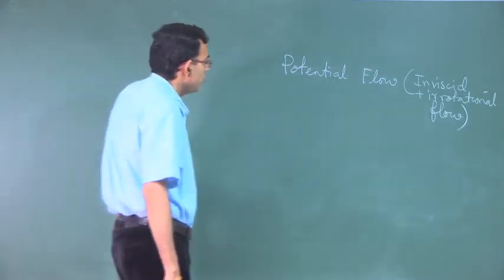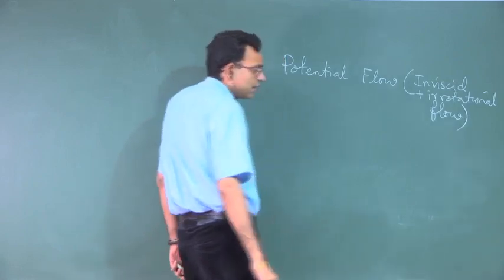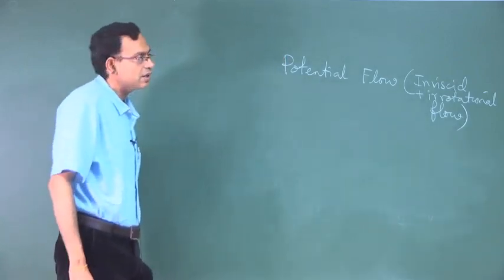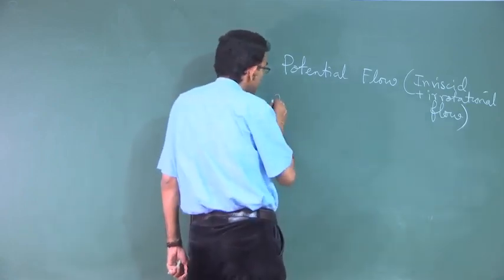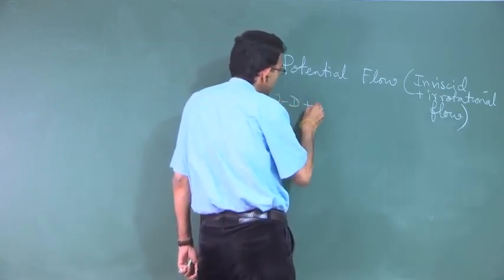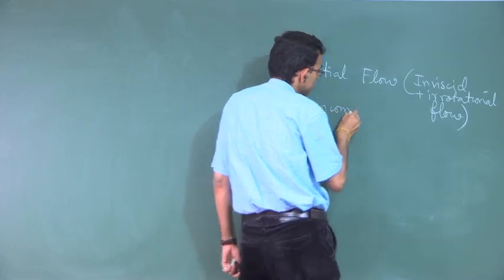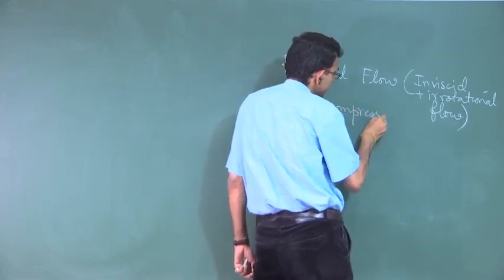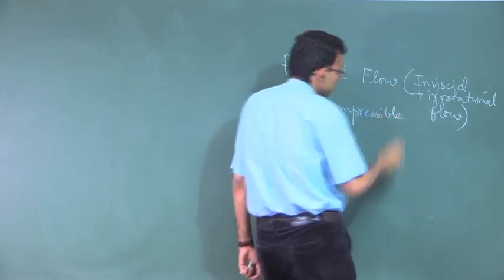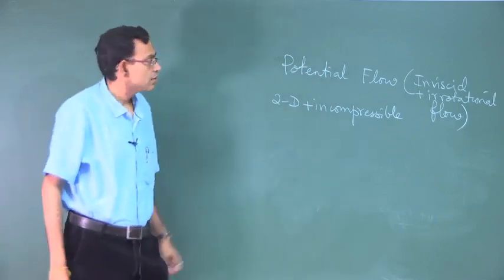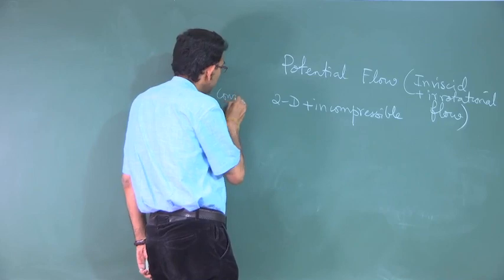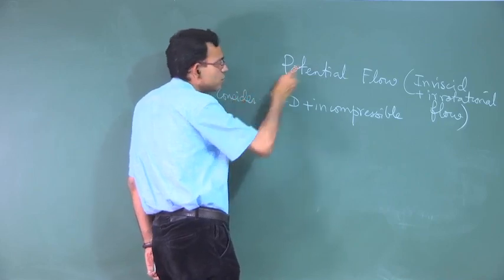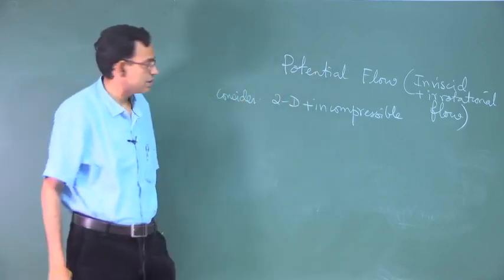Now, what we will do is make another very important assumption. What is that assumption? That the flow is two dimensional and incompressible. So, consider this in addition to inviscid and irrotational.